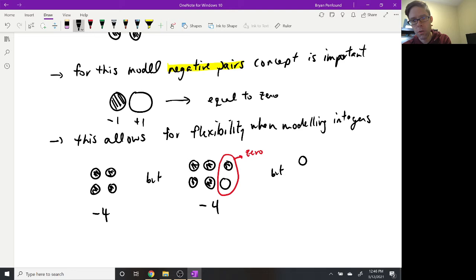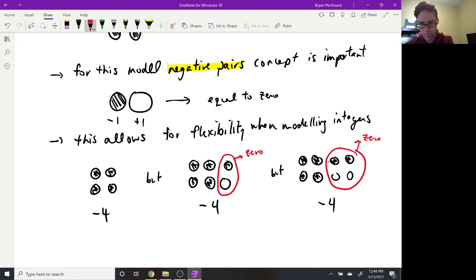And if I wanted to go even further, I could add more zero pairs, right? So this should also be -4 because I know that all of this is 0. So this is what we mean by zero pairs. It gives us flexibility to model our integers in some very interesting ways.